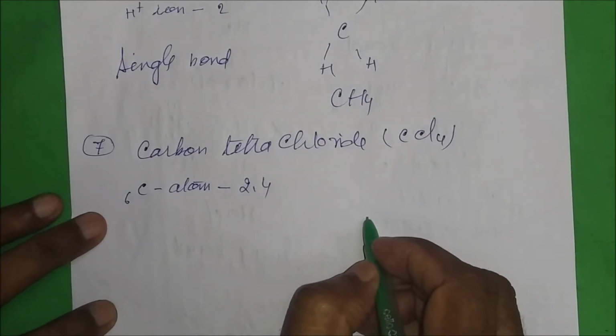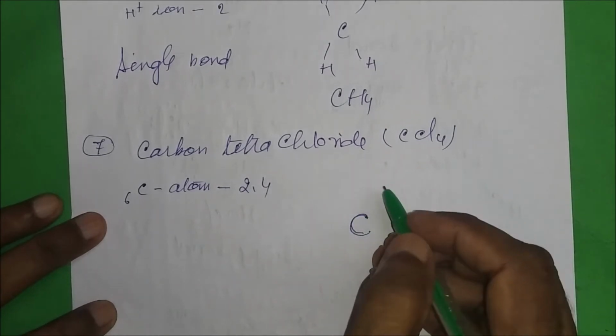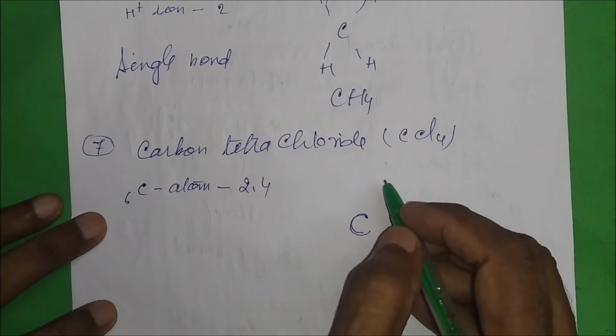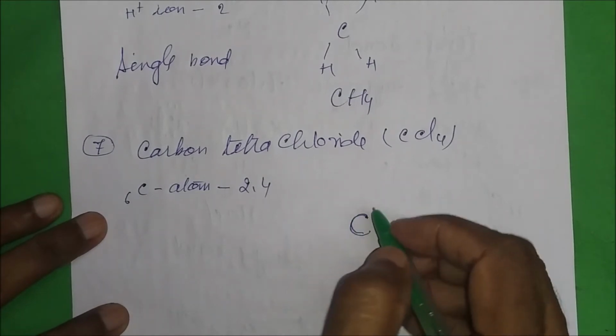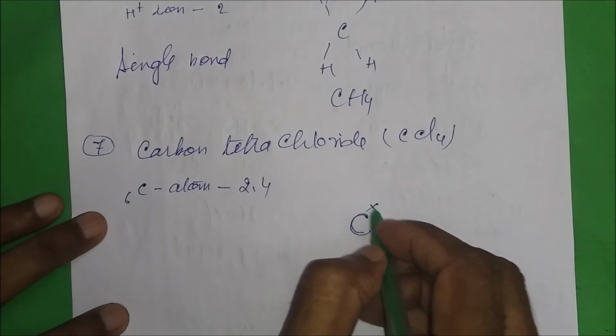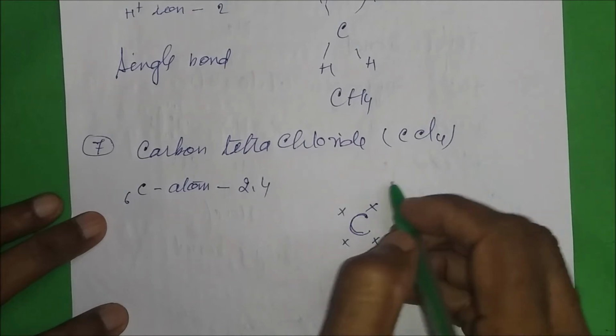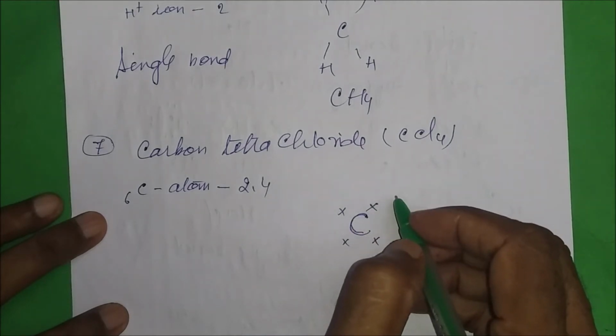Suppose here C is there, carbon is there. Right? Now, that carbon, the 4 will be outside like that. Here, suppose here 1, 2, 3, 4. Right? Now, chlorine all over. The chlorine is what?